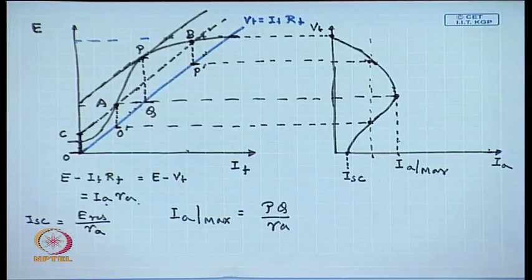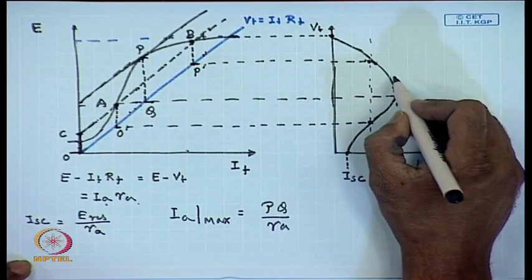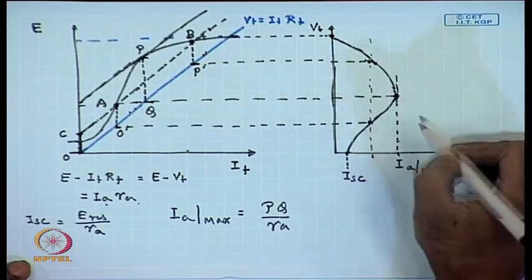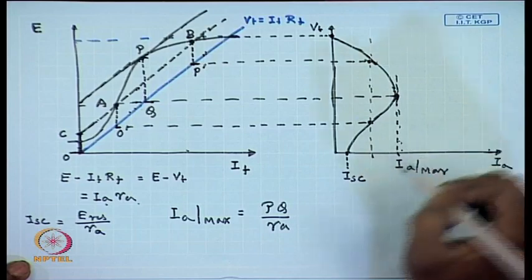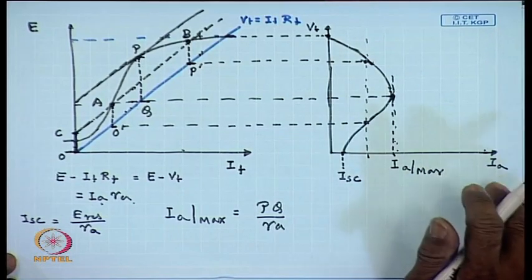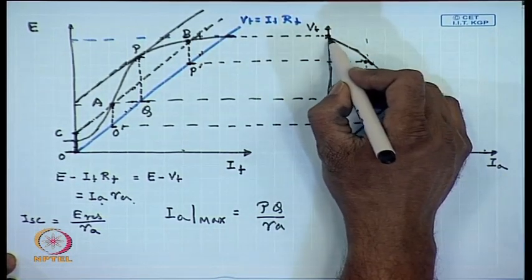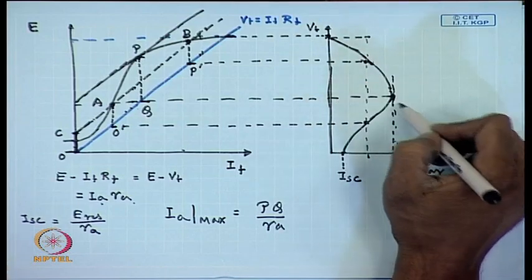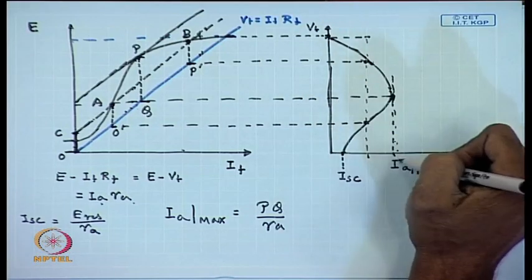It is to be noted though, in fact, even under short circuit condition only a finite amount of current flows in the armature. The armature current never exceeds this maximum limit. However, the normal operating region of a machine is much below this IA max.